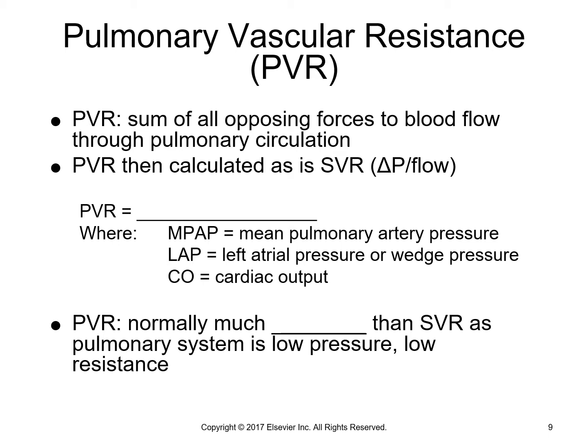Okay, so thinking of things that are going to make it high, for example, an abnormally high PVR could be indicative of pulmonary hypertension, hypoxia, lung disease, or a PE, pulmonary embolism.